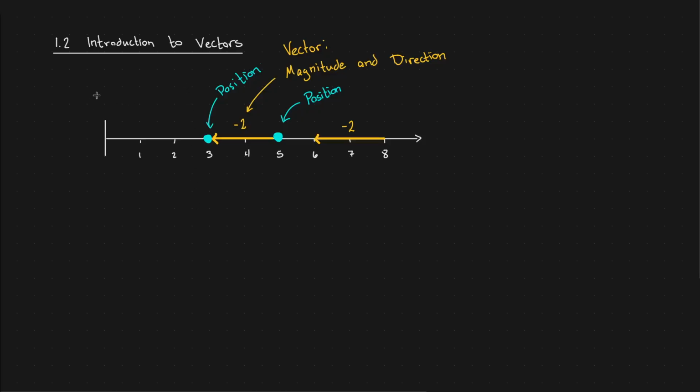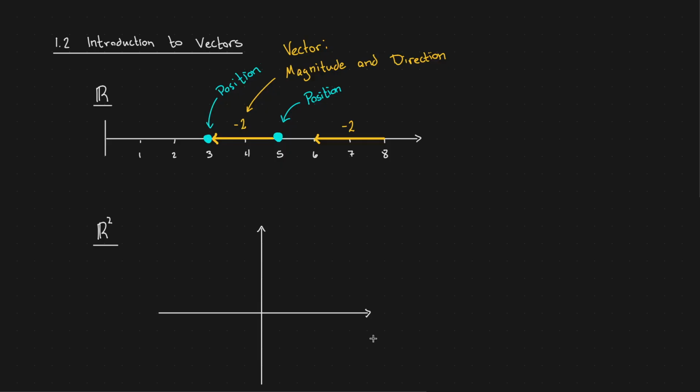So this example applies to one-dimensional space. We could take the same idea and apply it to higher dimensions. So let's look at two-dimensional space. So let's consider the coordinate plane in two-dimensional space. A vector in two-dimensional space has the same properties. It is a magnitude with a direction.